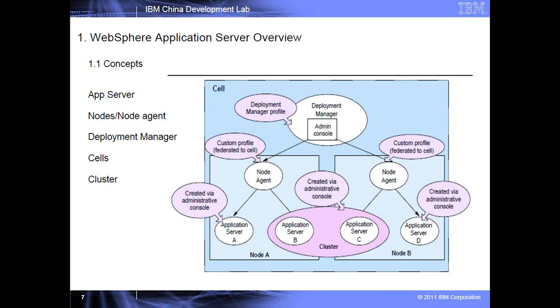Does it depend on the application servers? We can make that many different node agents, or we can make a single node agent which maps to the entire box. That depends on our requirement.